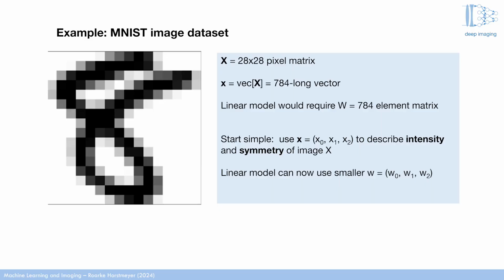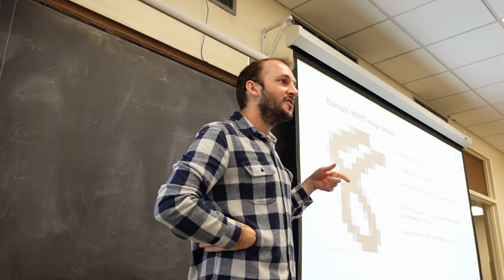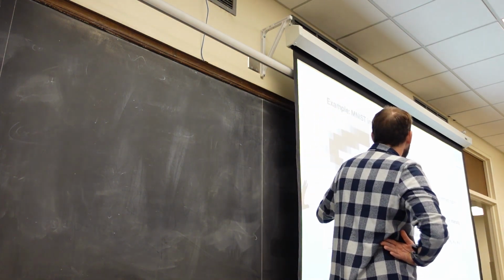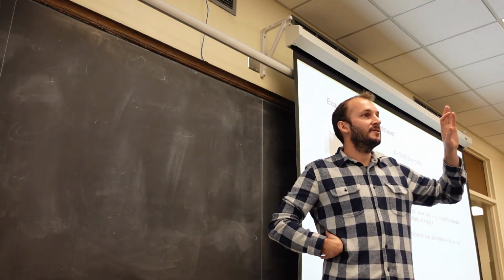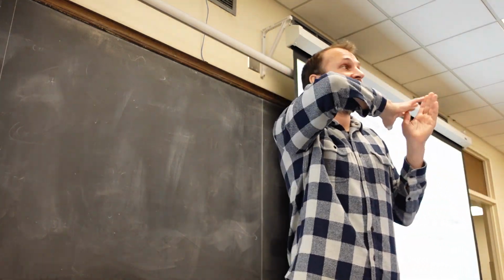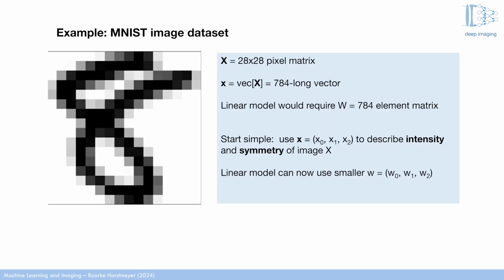So to work with this, it's really hard mathematically to have these 784-long vectors following us around. And so to start, what we're going to do is take these digits and simplify them into a vector with 3 entries. Then we're going to be able to visualize them.